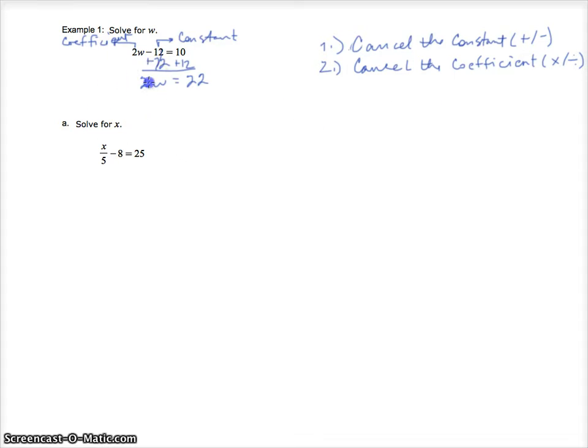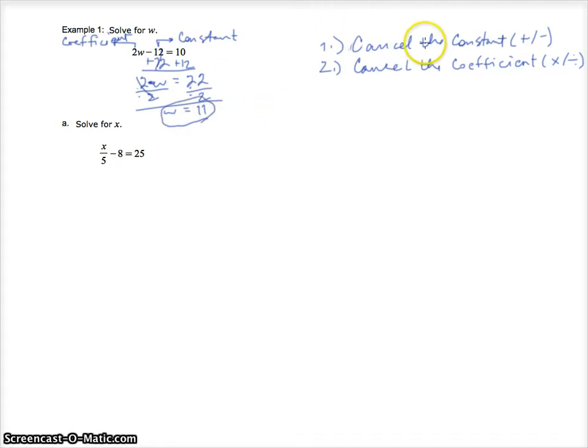So here I have multiply, so the inverse is divide. So I'm going to divide both sides by 2. And it's really important that we use this notation so that we don't get confused about what we're doing. 2 divided by 2 just leaves me w. 22 divided by 2 gives me 11. So here my answer is w equals 11.